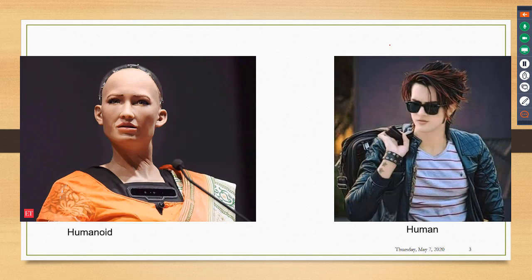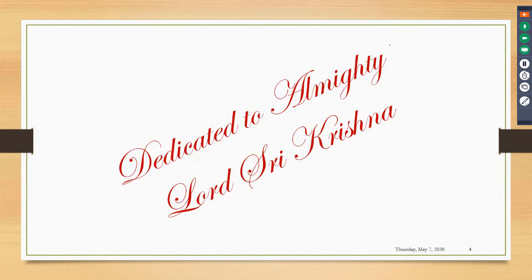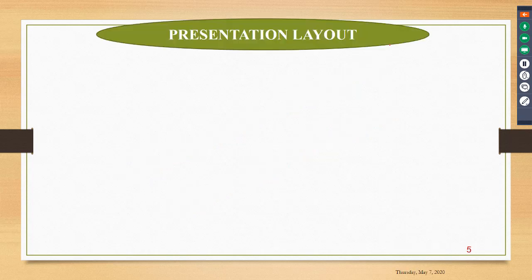So it is very difficult to imitate, but still we are doing it, and we are going ahead with the automation system. Therefore today's lecture is dedicated to Almighty Lord Sri Krishna, and now we'll start our lecture on power system automation. Thank you all listeners for waiting with patience for this lecture.